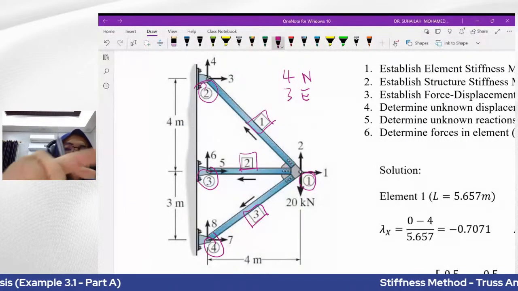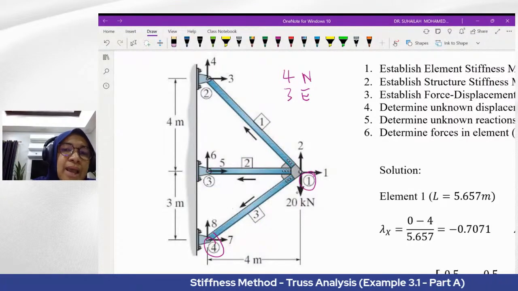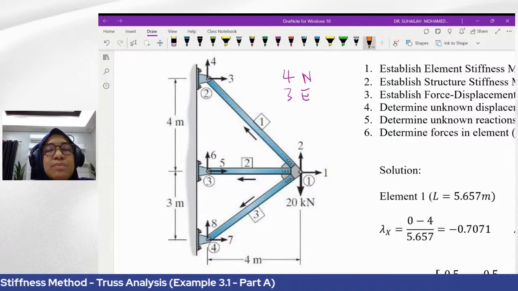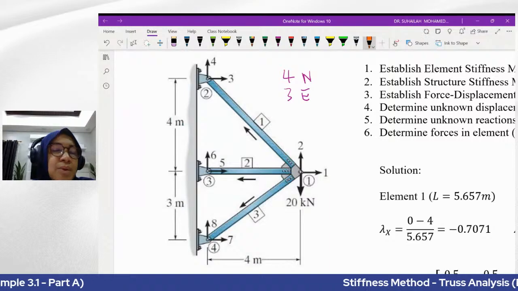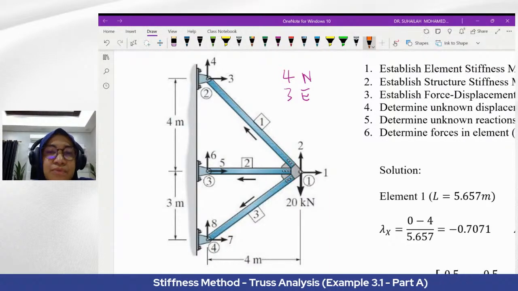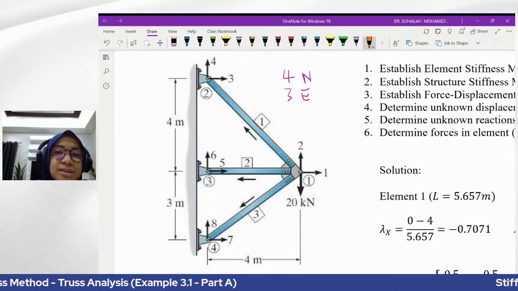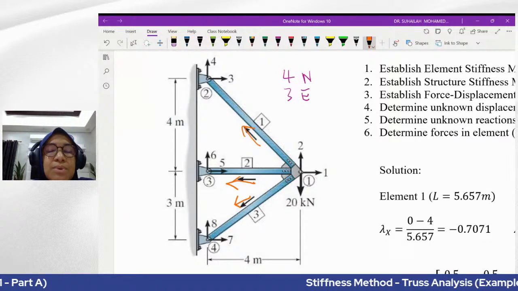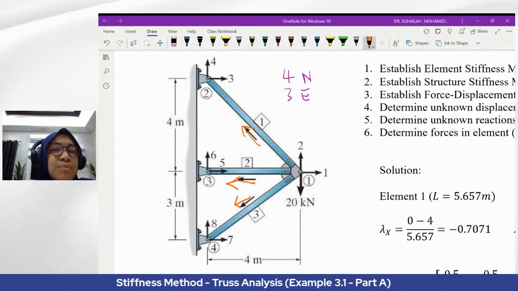Each element must have an arrow, and the arrow is always parallel with the member. In any direction, it doesn't matter. We can put in any direction that we like. And by looking at this truss, the arrow is also given like this, parallel with the member.